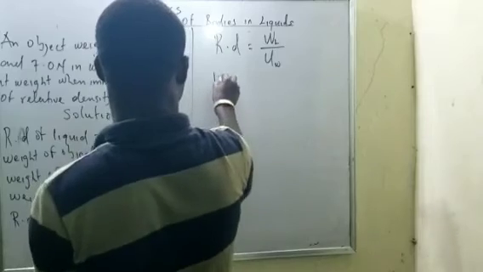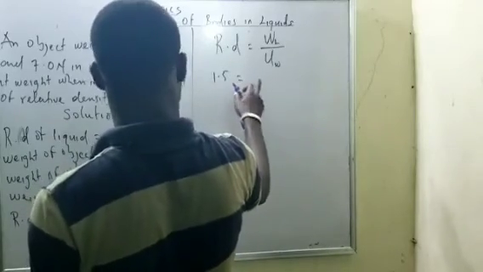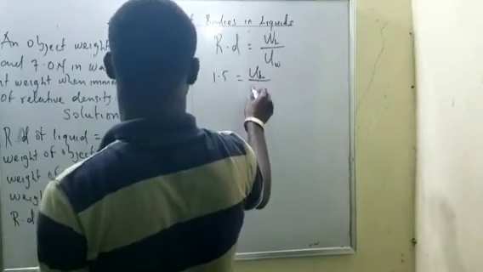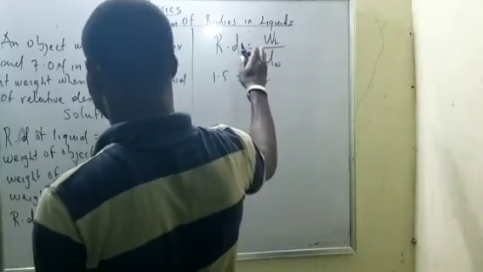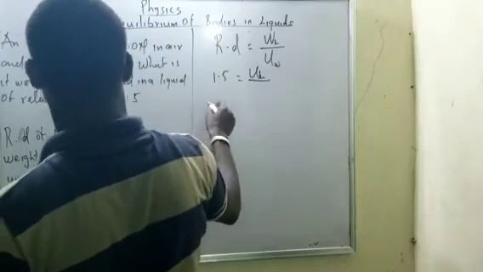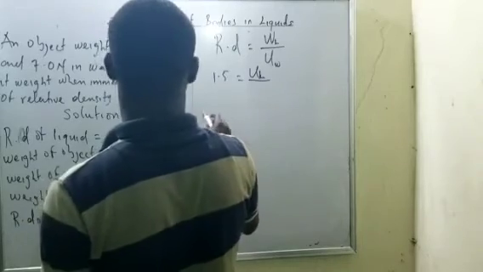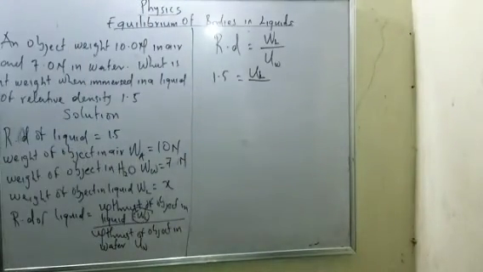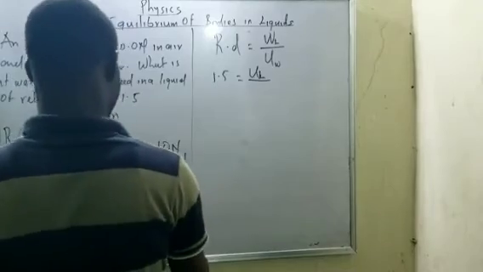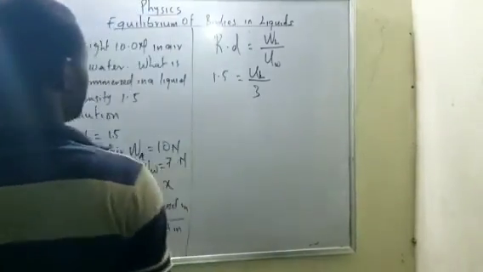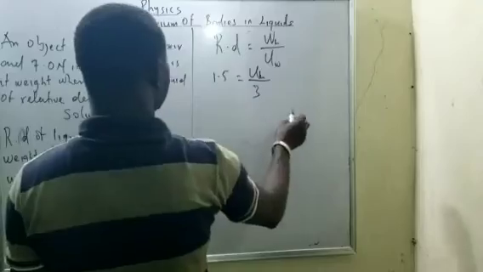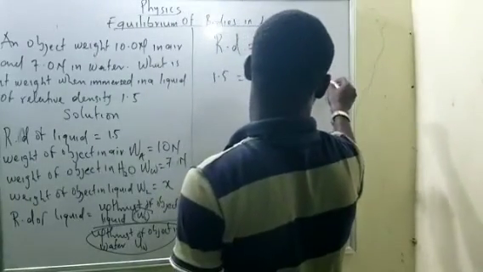I can say that 1.5 equals U of L divided by the difference between the two weights, which is 10 minus 7, which is 3 Newton.